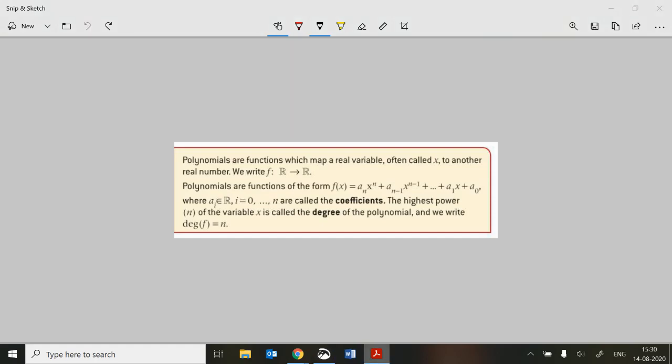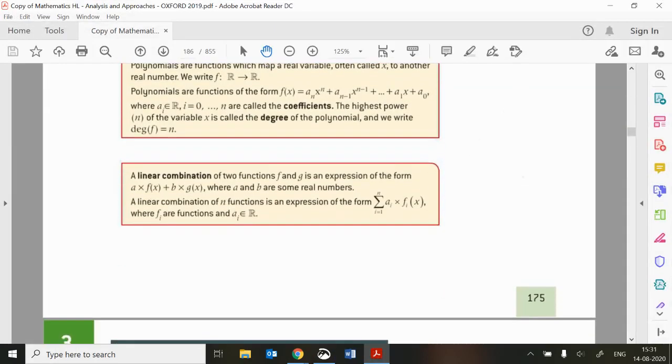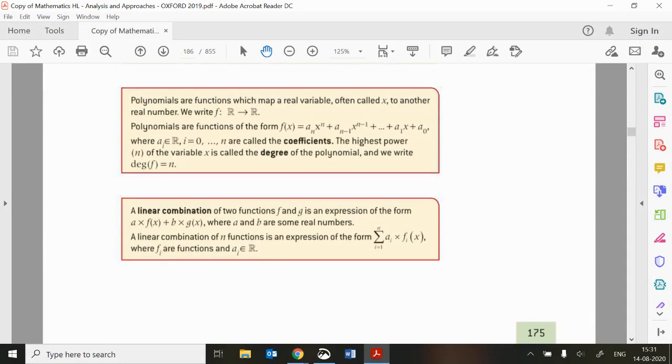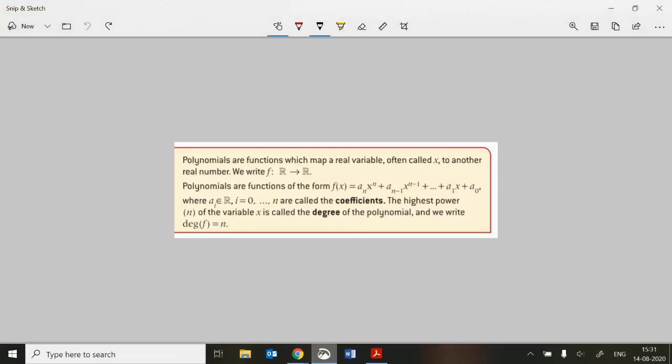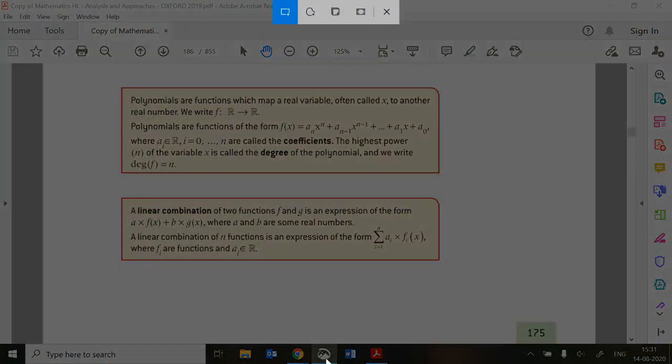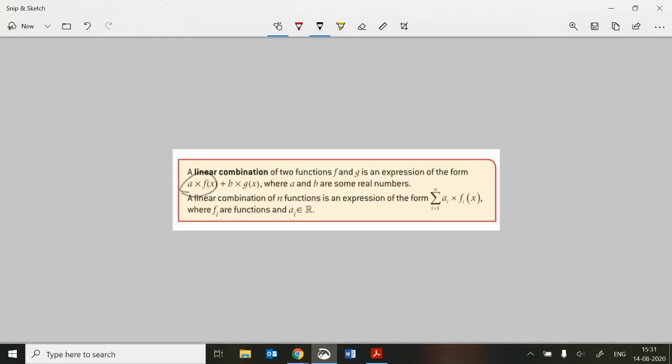That's the definition. Now, after they do that, they do another little bit, which is a little bit odd. They say a linear combination of two functions can be expressed in the form of a lots of f of x plus b lots of g of x.